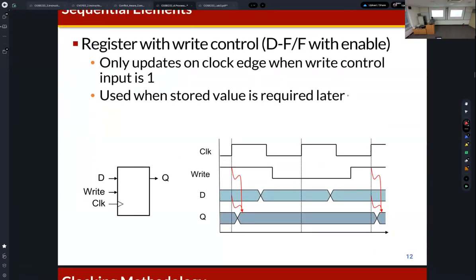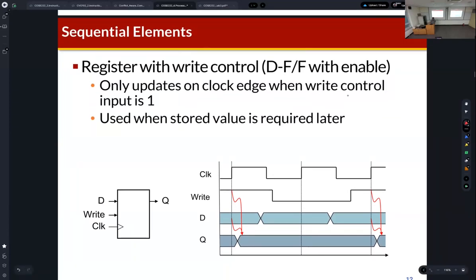Also, we can use an enabled D flip-flop, which means that this sampling is enabled only when the enable signal becomes 1. So in this example, the D flip-flop samples the value of D when it is enabled. So it's a write signal, and Q is updated by D. But how about this point?